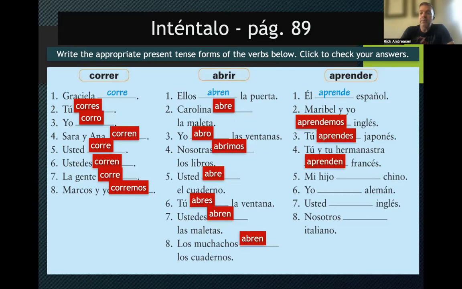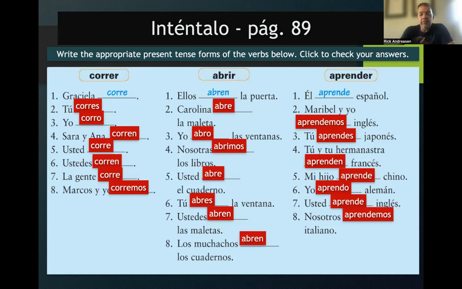Número 5, mi hijo aprende chino. Número 6, yo aprendo alemán. Número 7, usted aprende inglés. Número 8, nosotros aprendemos italiano.